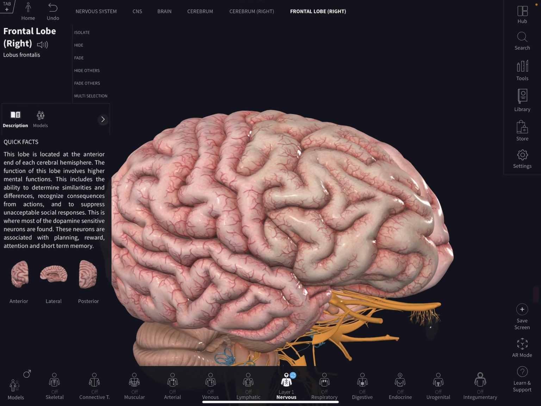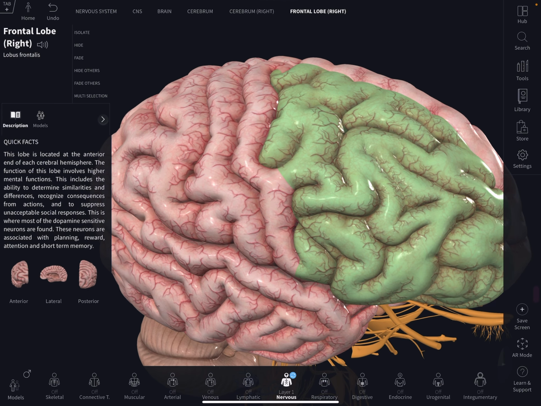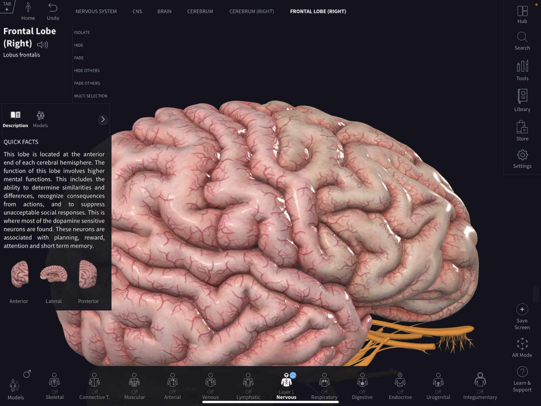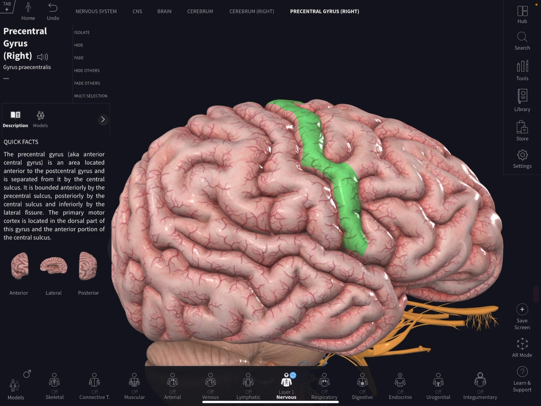First of all, we see that we have these large swellings, these ridges, and between the ridges, we have the deep sulci. So when we're looking at the brain, we can consider two things, gyri and sulci. The gyri, here's one of them illustrated here, are these raised areas. And as I said, between would be the sulci.